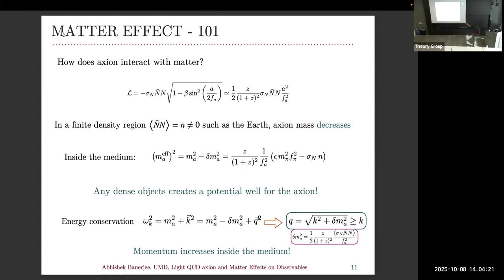Because this is sine squared of theta bar plus A over FA. And I said that A over FA plus theta bar is 0, right? But if I am in the regime where this term is super large, that means I am minimized at theta equals pi. So this expansion is not valid.